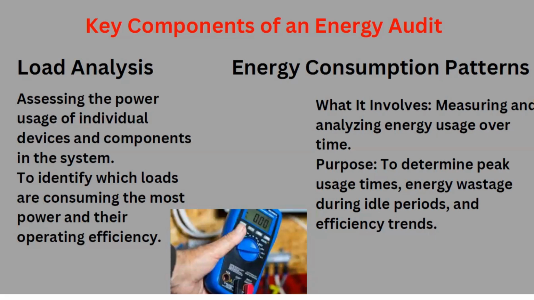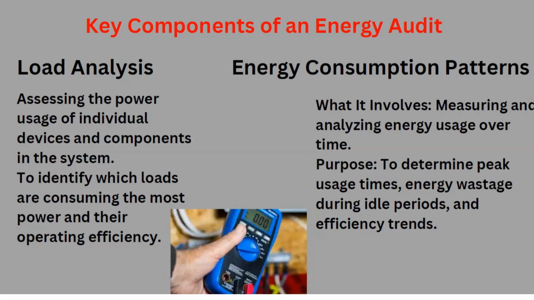Second is energy consumption pattern. That is measuring and analyzing energy use over time. That is, how long that motor is on, or how long that bulb is on, that energy consumption pattern we have to see. Sometimes it can be higher, sometimes lower; that is called a pattern.